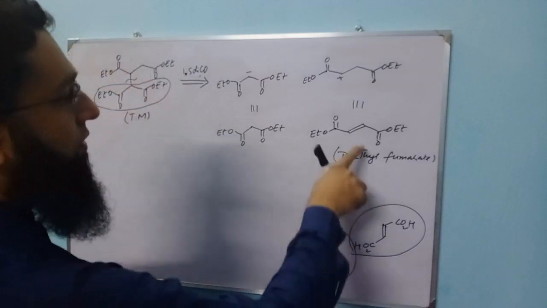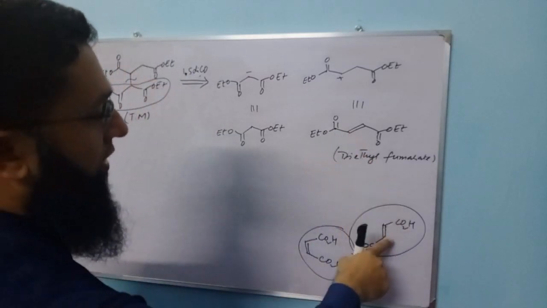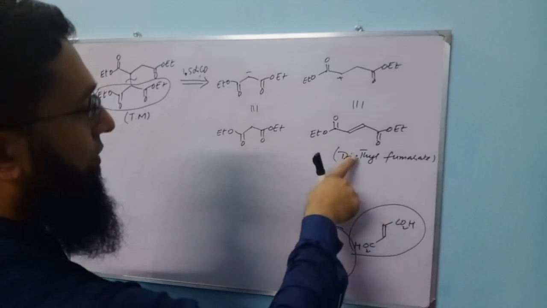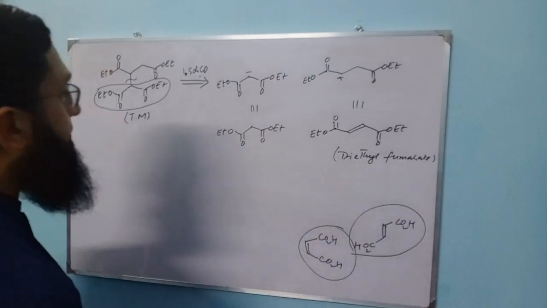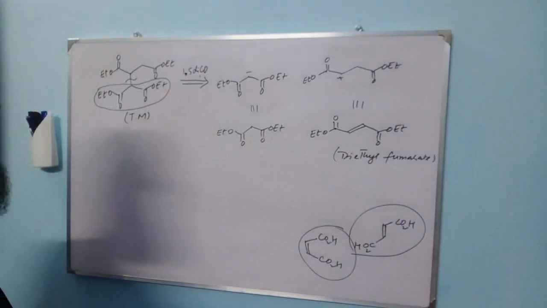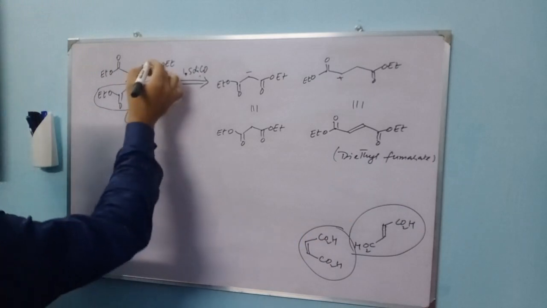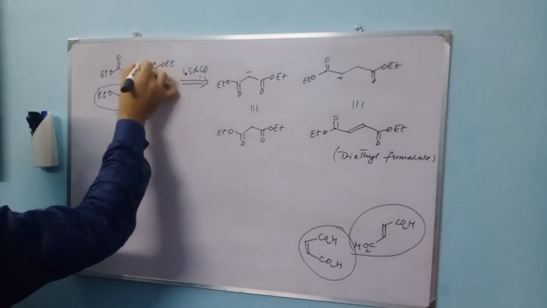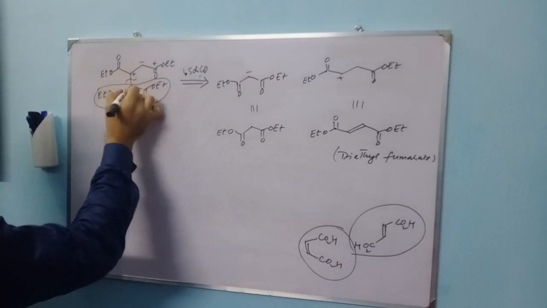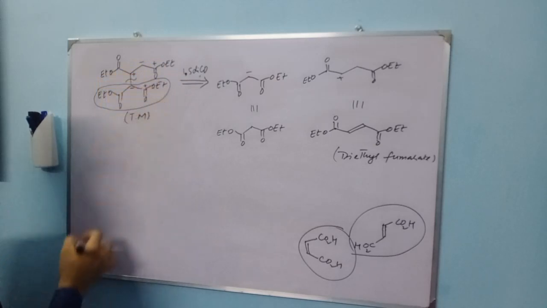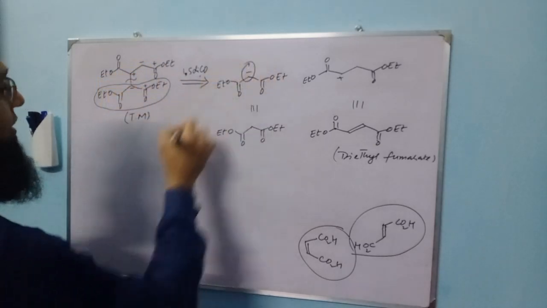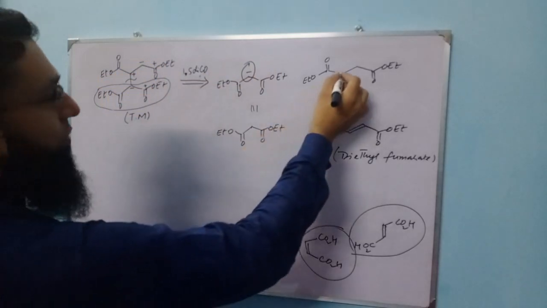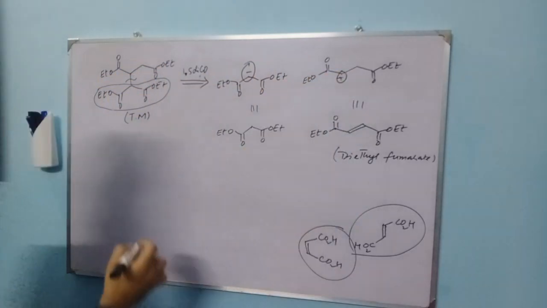So this arises from the trans acid, so this is diethyl fumarate. Here if we add the latent polarities, positive, negative, positive, negative, positive, we get negative here and positive here.